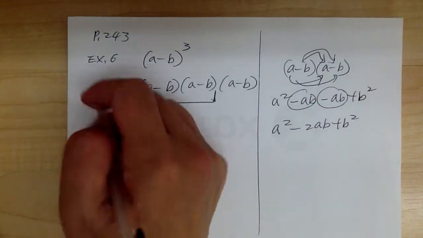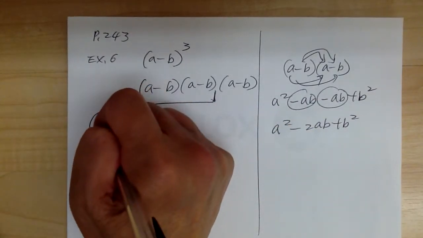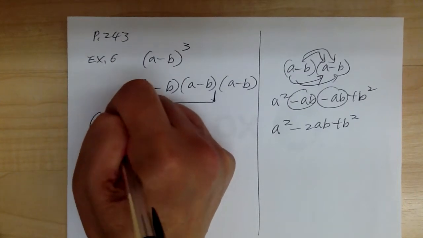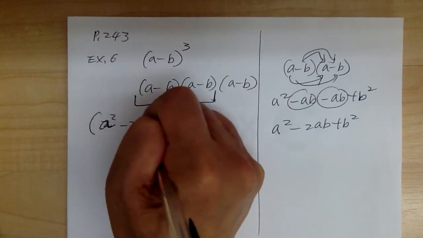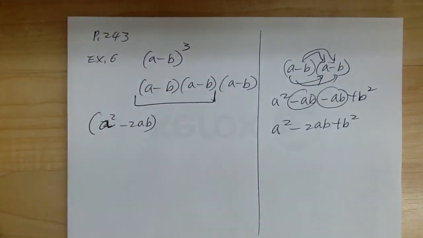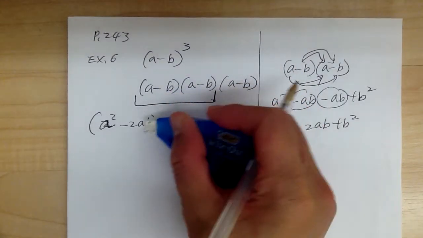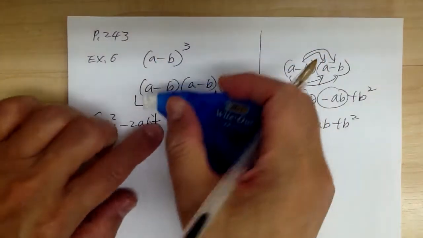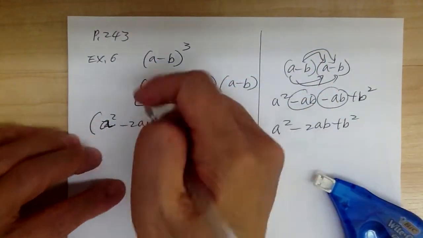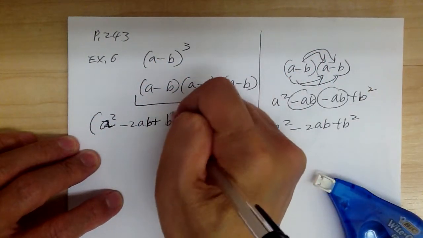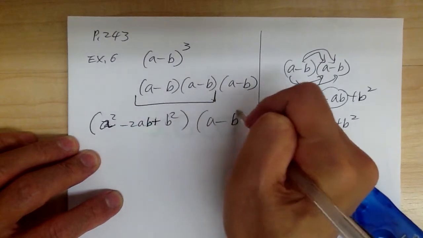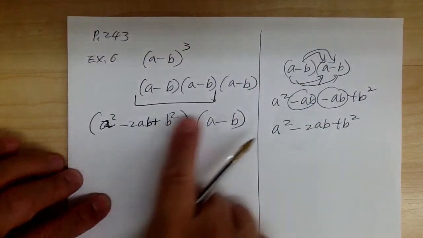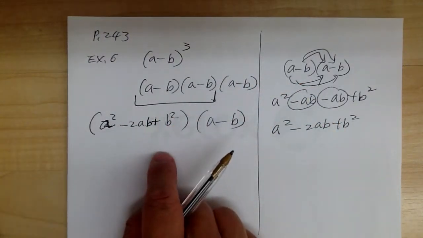So I'm going to put it back in here. So I get a squared minus 2ab plus b squared times a minus b. Okay, so now I can do the regular distribution property.